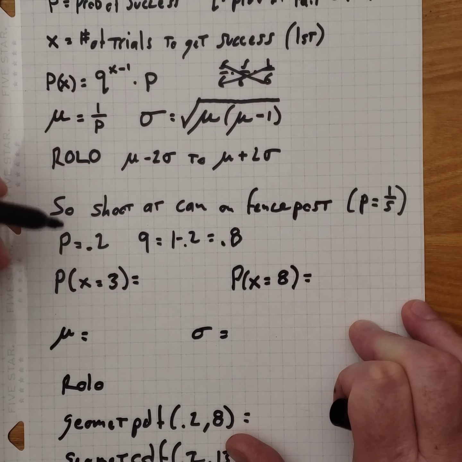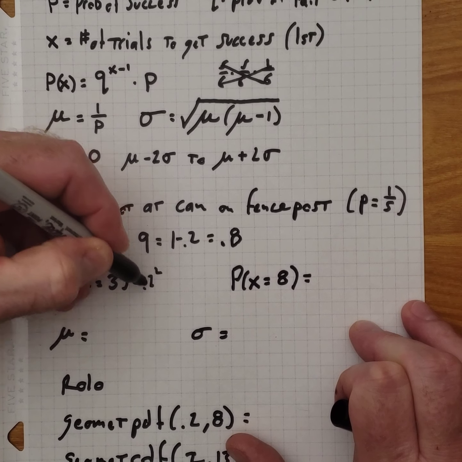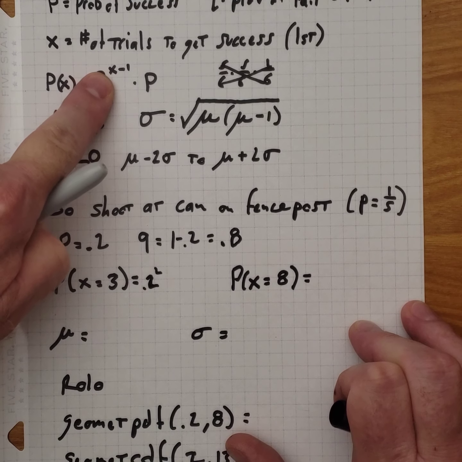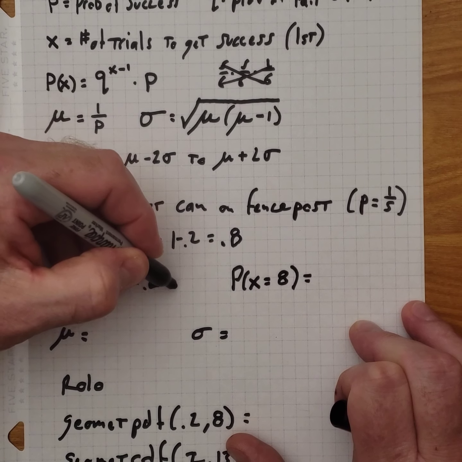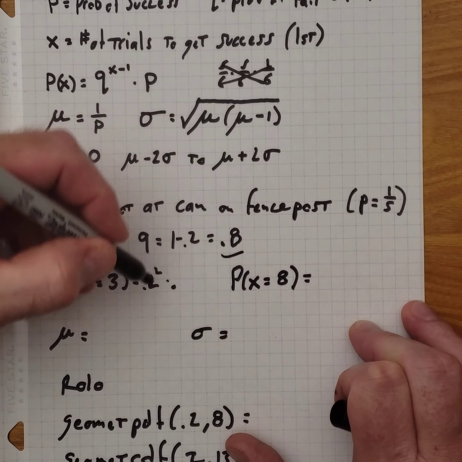Well, that's real easy. That means we're going to have two failures first. So that's going to be 0.2 to the second power, right? Just the probability of failure to one less than the successful trial. Oh, my bad. The probability of failure is 0.8.